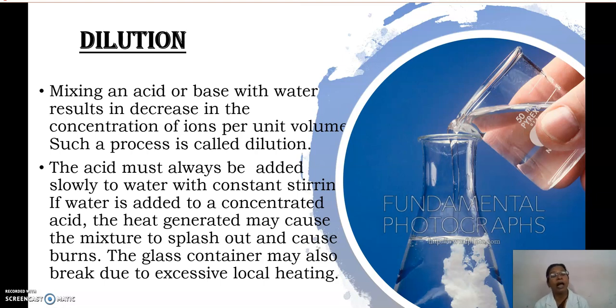And what will happen if you add water instead of the acid? I am going to read. If water is added to a concentrated acid, the heat generated may cause the mixture to splash out and cause burns. The glass container may also break due to excessive local heating.